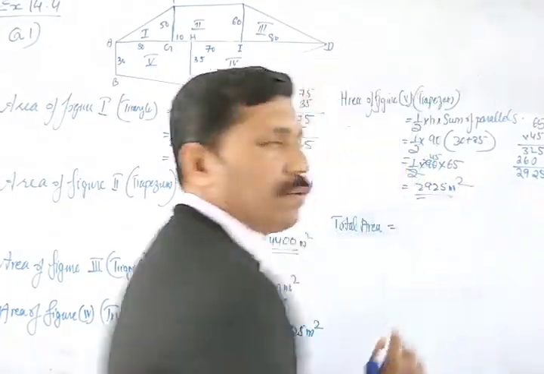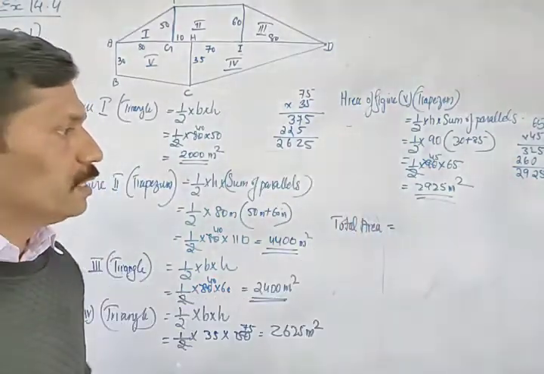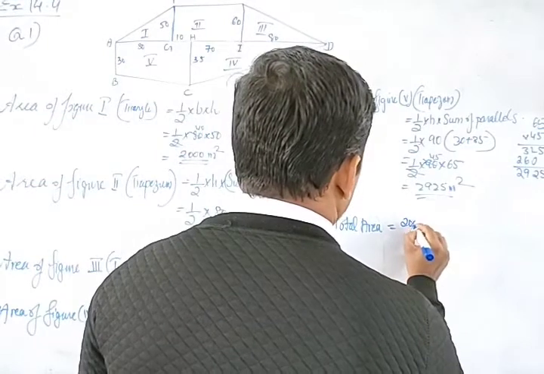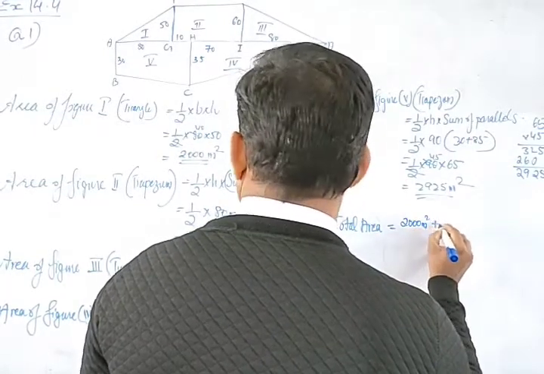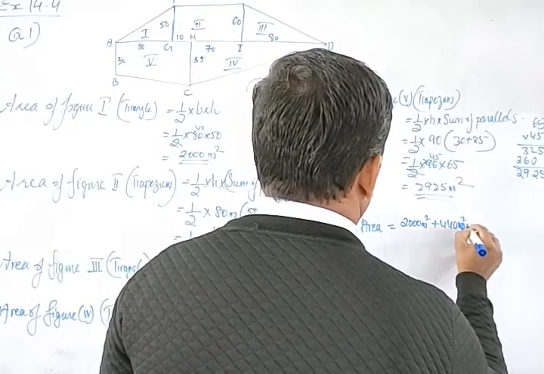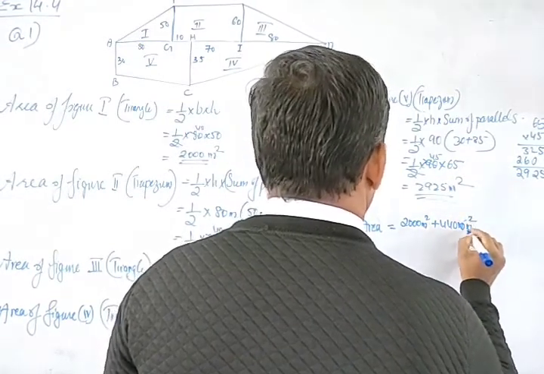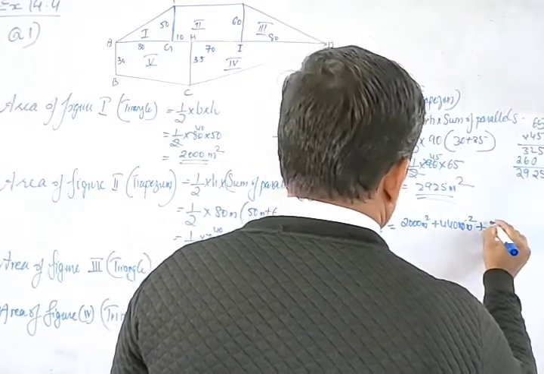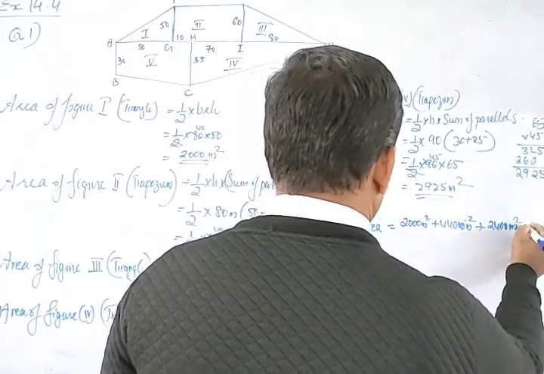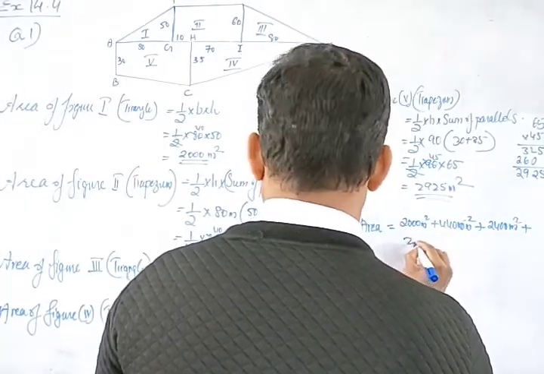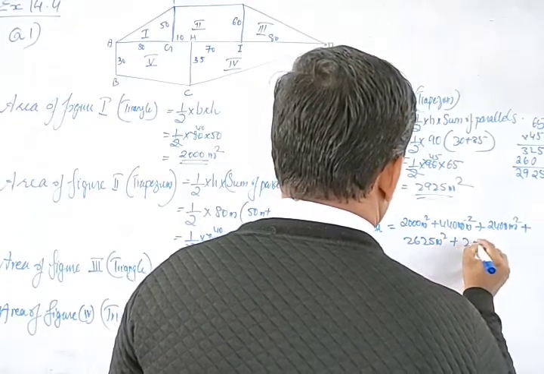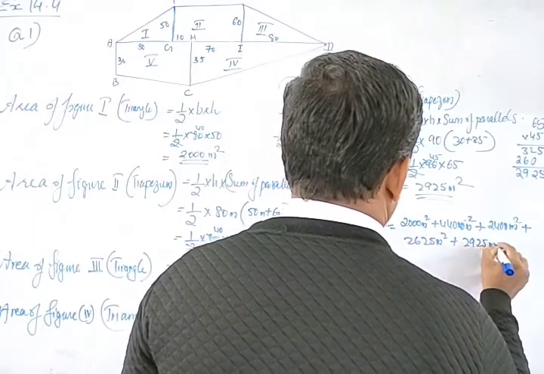So now we have calculated the area of all these figures. So we add it together all this way. Total area is equal to 2000 meters square plus 4400 meters square plus 2400 meters square plus 2625 meters square plus 2925 meters square.